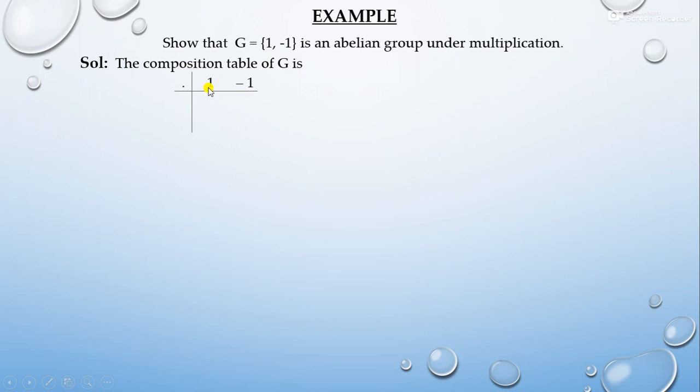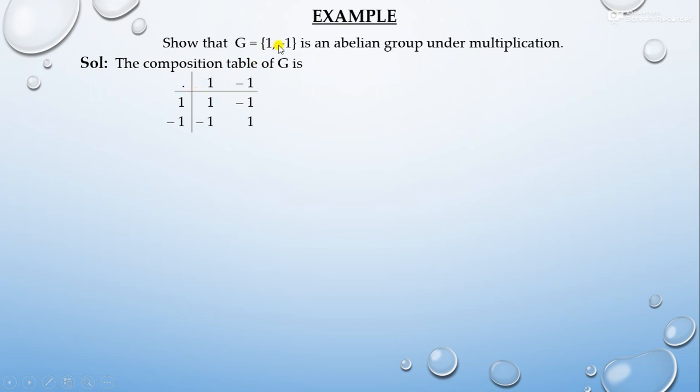In the composition table, 1 multiplied by 1 becomes 1, and 1 multiplied by -1 becomes -1. For the second element, -1 multiplied by 1 is -1, and -1 multiplied by -1 is 1. So this is our composition table.